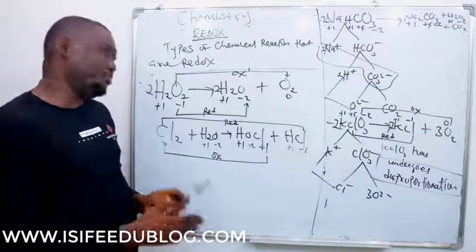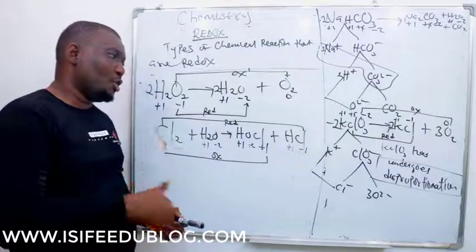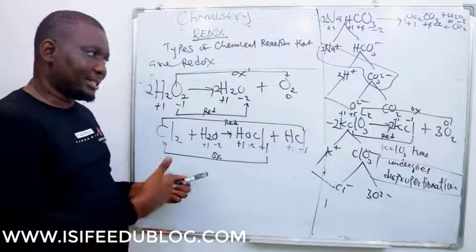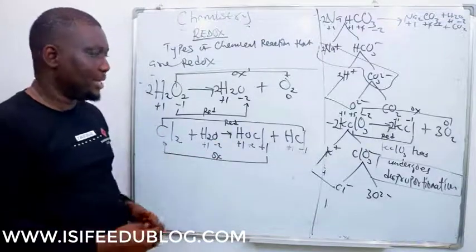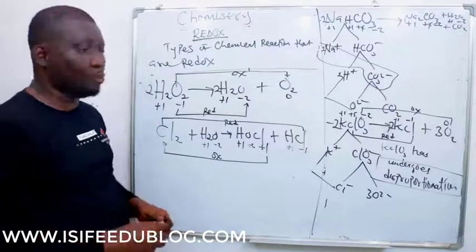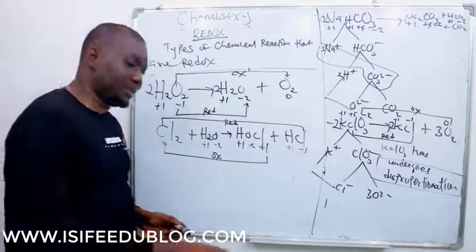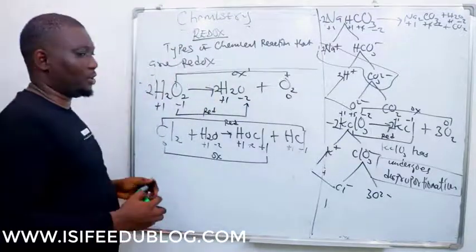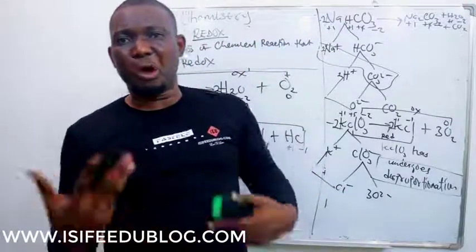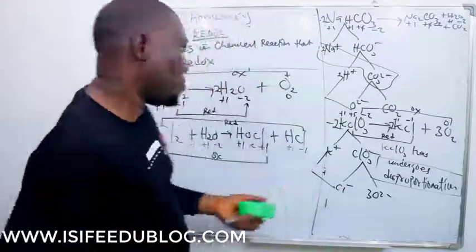Bromine can also do this. When bromine reacts with water, it gives you oxobromic acid and then hydrobromic acid. That reaction also is a kind of disproportionation reaction of most of these halogens. And sometimes we can also look at the redox reaction of chlorine with alkali. Maybe the conditions will be hot alkali or maybe cold alkali.